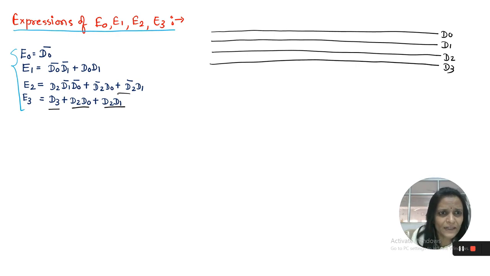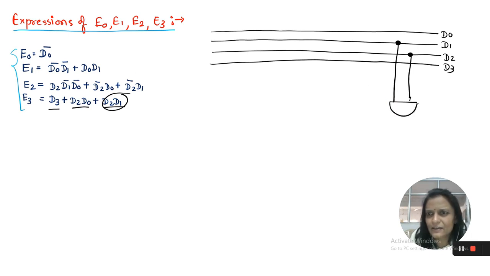First of all, I will obtain the term D2 D1 by AND operation. So I will take one line from D2 and one line from D1, and use an AND gate to obtain the term D2 D1.